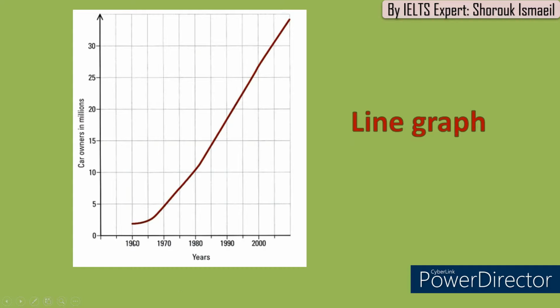If we look at 1960, the number was about 2 million. In 1970, the number is actually about 5 million. In 1990, the number is about 18 million. And in 2000, the number is about 26 million.